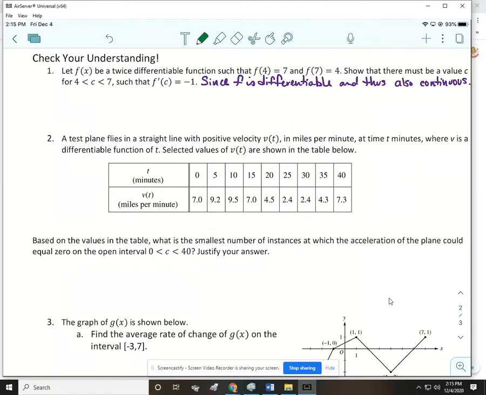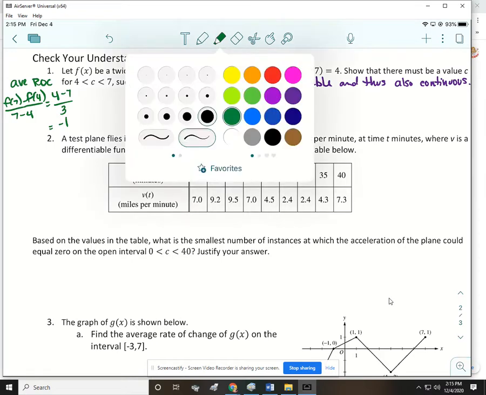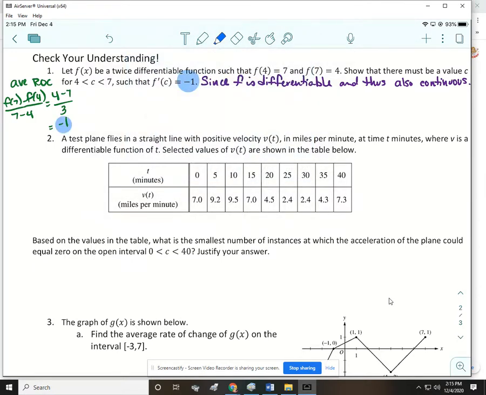We don't have a lot of room. So your average rate of change, we're going to do f of 7 minus f of 4 over 7 minus 4. Okay, so f of 7 is 4, f of 4 is 7, 4 minus 7 is -3, and 7 minus 4 is 3. So we get -3 over 3, so that's -1. Now that's important. For this problem to work out, that does need to match up with what we're trying to prove, and it does.